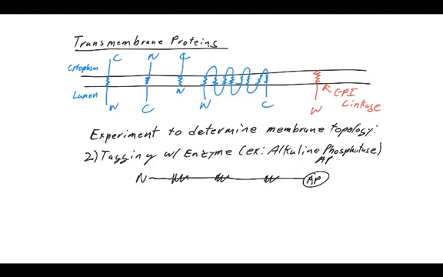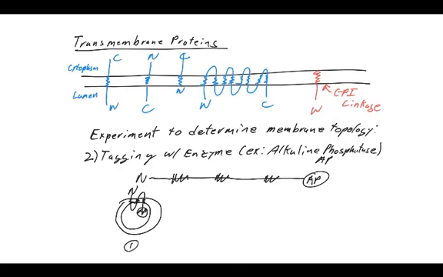So you could imagine 2 different scenarios for this protein if you were to do in vitro translocation. Scenario 1 is the amino terminus is on the outside. It loops back and forth, and the alkaline phosphatase at the C terminus ends up on the inside. So that's scenario 1.